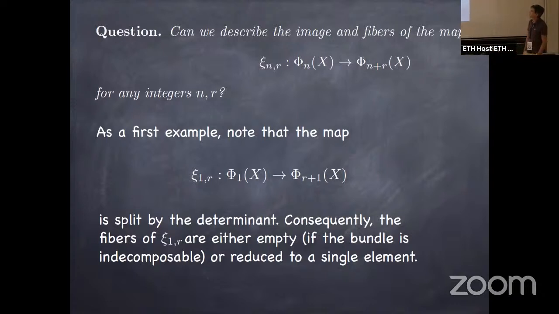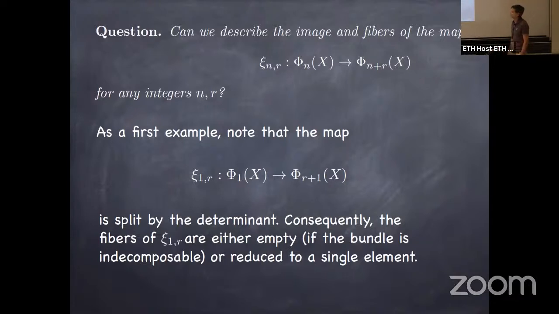By the fibers, since there is no structure on either set, they are just pointed, so there is no reason to talk about kernels and so on. But you could pick an element on the right and ask first if it comes from the left, and how many preimages you have. That's the fibers. The situation depends on N and R, but the first example is this: if you take a line bundle, you add a free factor, and then you take the determinant, then you don't do anything.